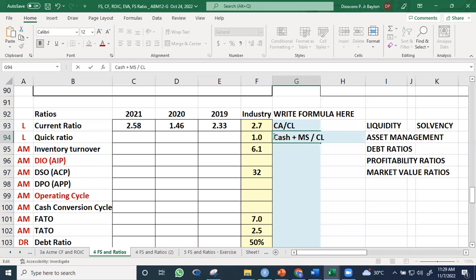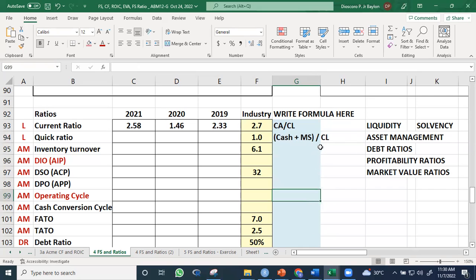So which means this is a more strict ratio. Mas strict tong ratio na to kasi yung ang binibilang natin para bayaran yung current liability is only cash and marketable securities. It does not even include receivables.